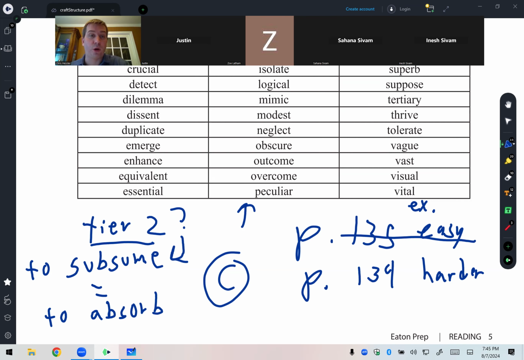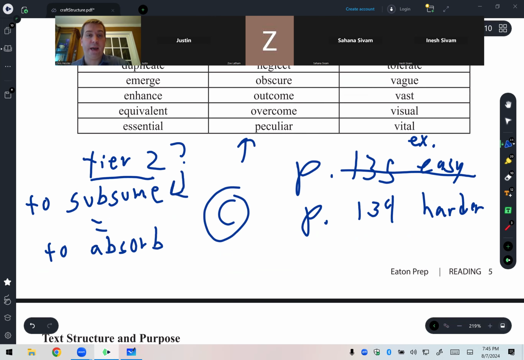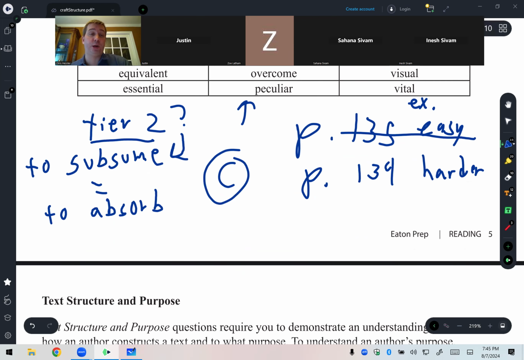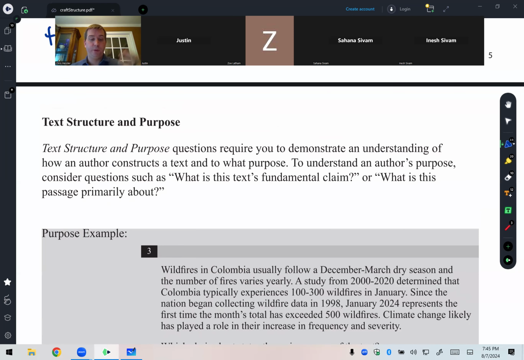So I kind of wanted to go over a hard one from the book just so you could see that, yeah, they're saying that the difficulty level of these words is effectively capped, but subsume, you're calling that a tier 2 word? It just surprised me to see that in the book. And I've seen similar ones on the actual practice tests, all 6 practice tests. Every now and then you'll see some easier ones like we did, where the vase is priced, it's marked at whatever $12 to $14.